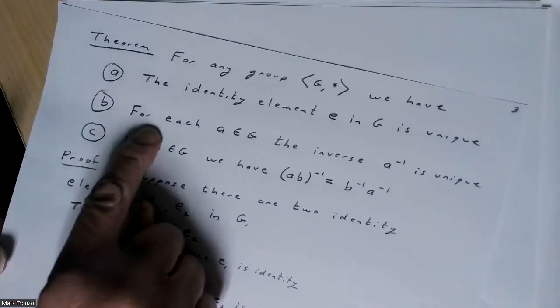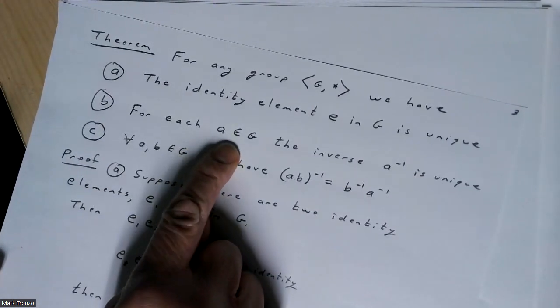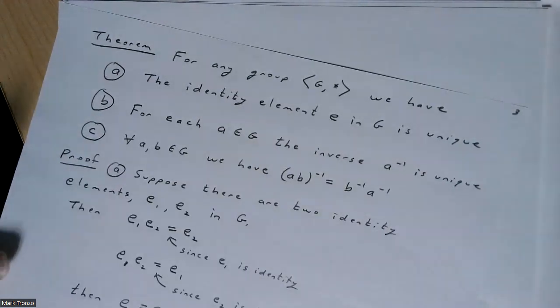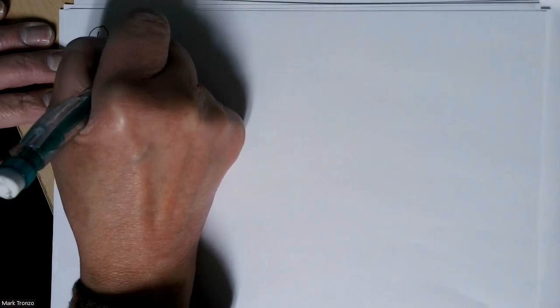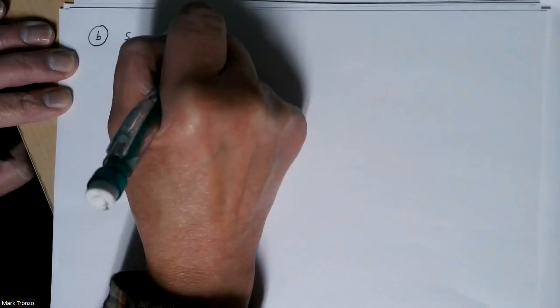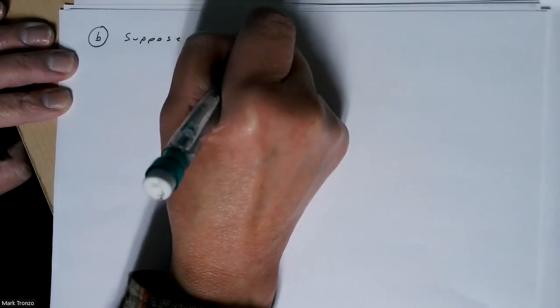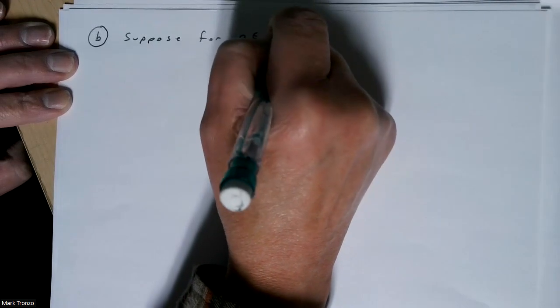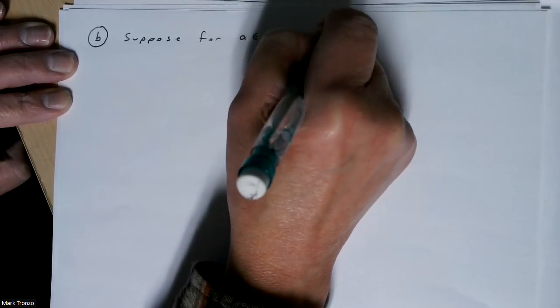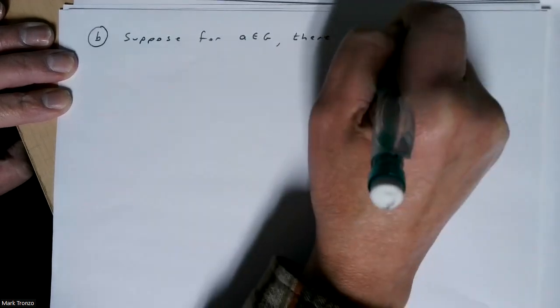Next thing we want to show is that for each A in G, the inverse is unique. So once again, just like the last part, if we want to show that there's a unique inverse, suppose for A in G there are two inverses.